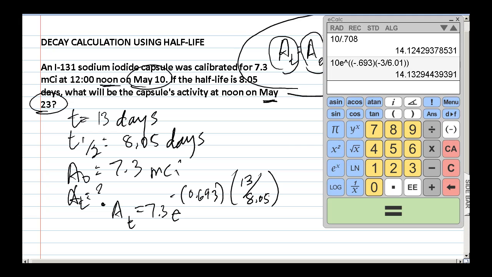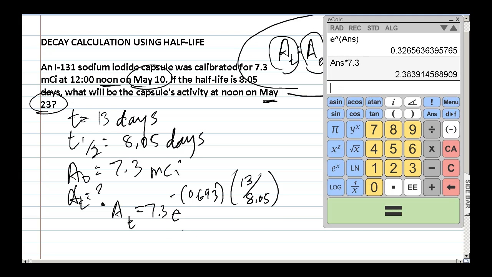So now we'll get our calculator. Clear it. I'm going to go 13 divided by 8.05 equals, then multiply the answer times negative 0.693 equals, then I'm going to take the exponential of my previous answer, and then multiply that times 7.3.